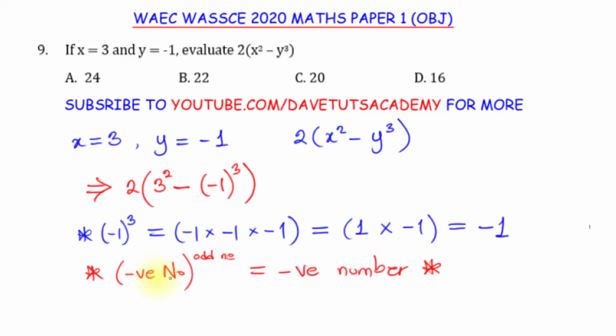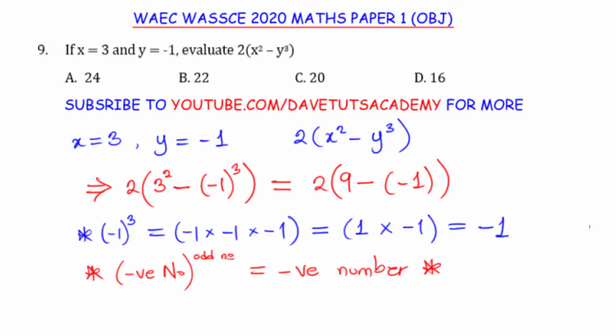If you have a negative number and you are raising it to an odd power, that's always going to give you a negative number. So this particular question will yield 2 multiplied by 3 raised to power 2, which is 9, minus 1 raised to power 3, which we have gotten to be minus 1.